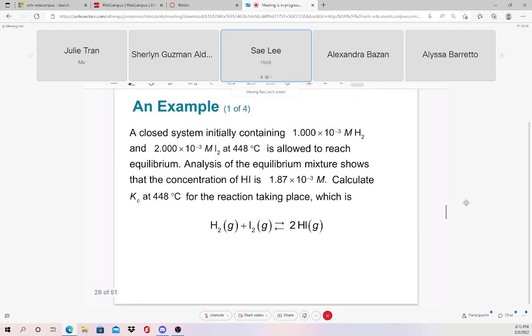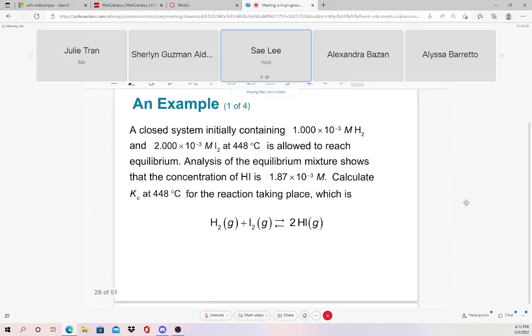So this is a practice situation where the initial concentrations of two reactants are given. This is the concentration of the first reactant, and this is the concentration of the second reactant.